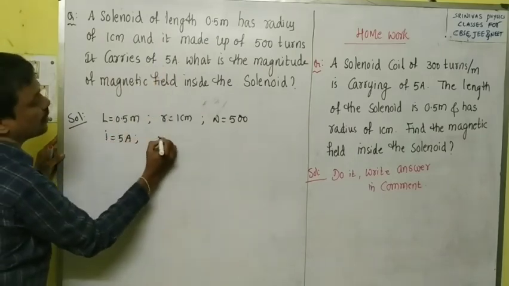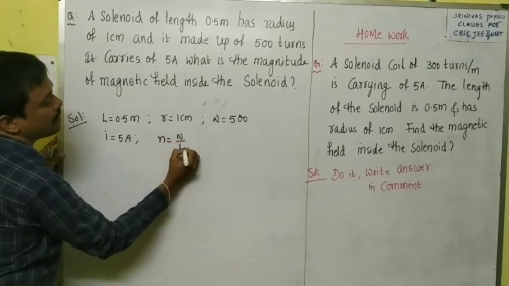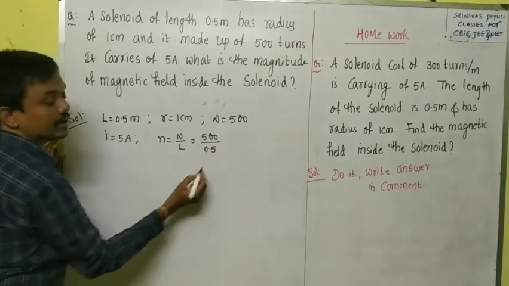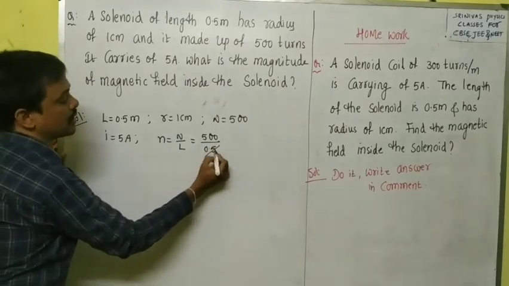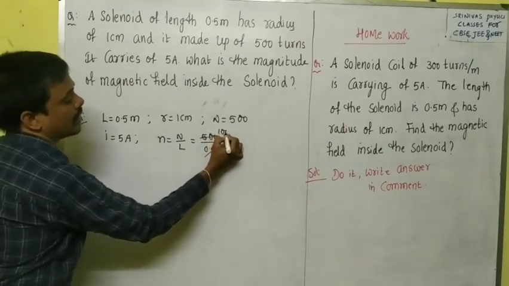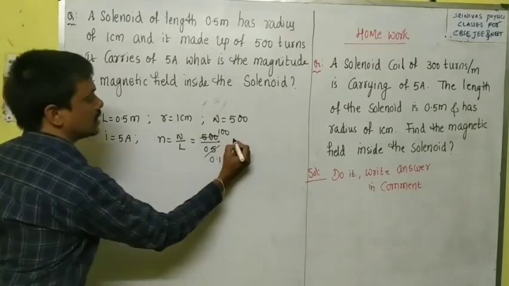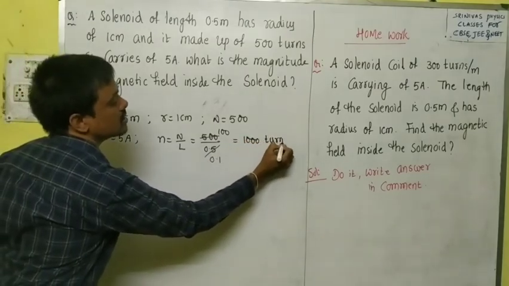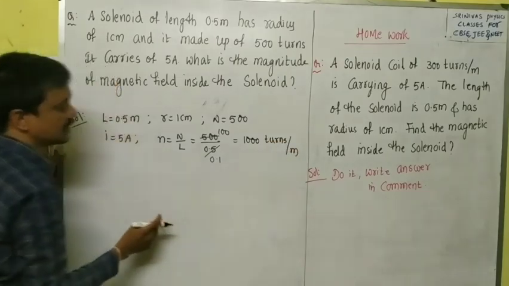If you want to find the number of turns per unit length, n is N by L, which is 500 by 0.5, and we get 1000 turns per meter.